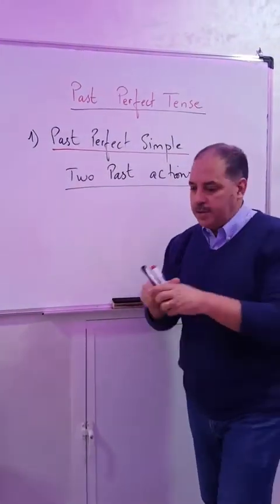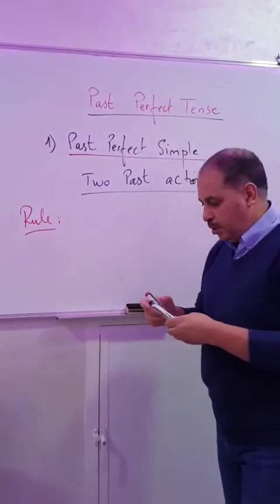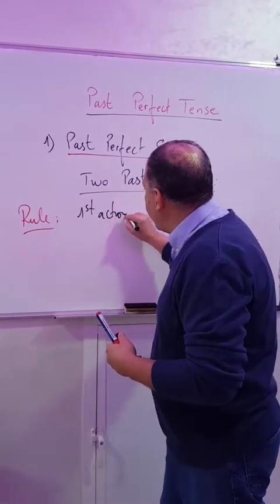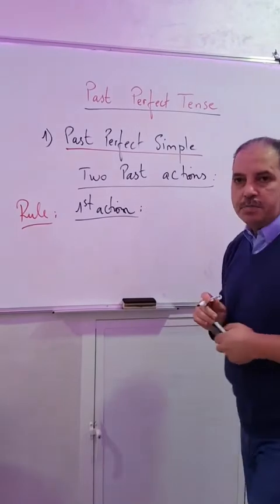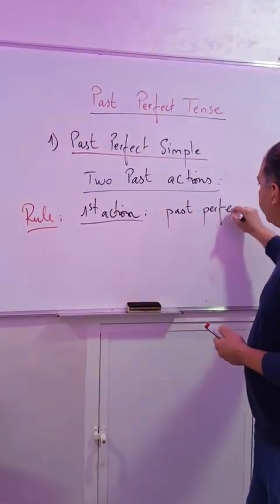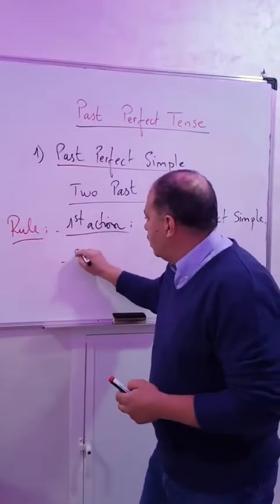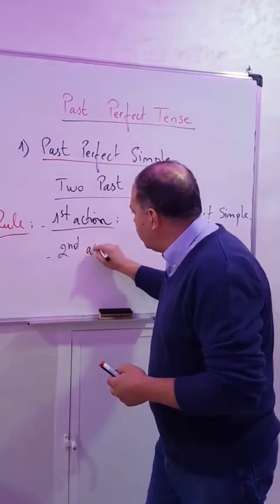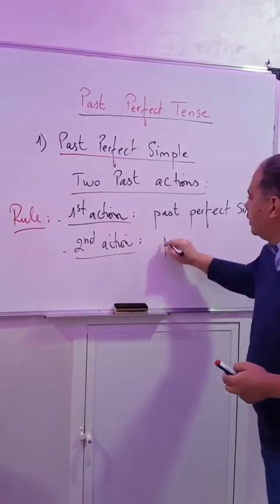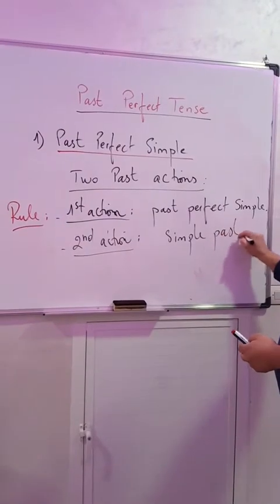So the rule says that the first action must be put into past perfect simple. Then the second action that followed must be put into simple past.